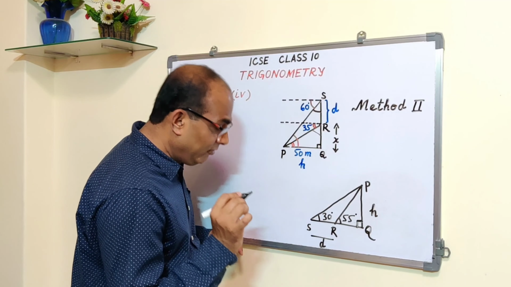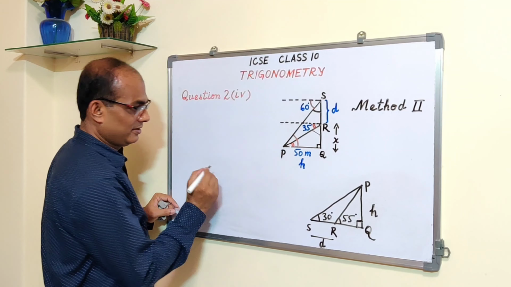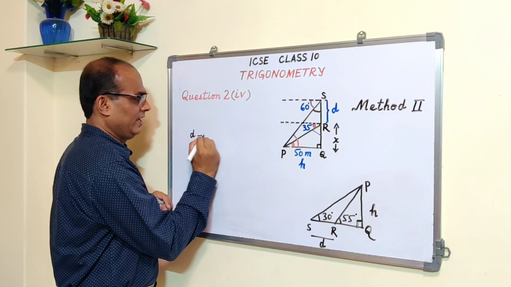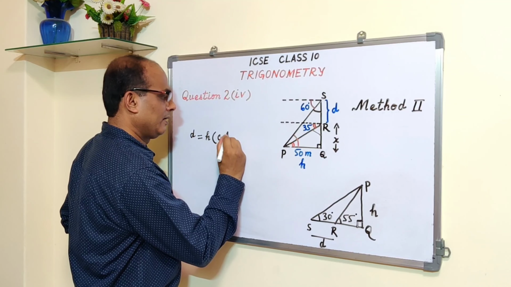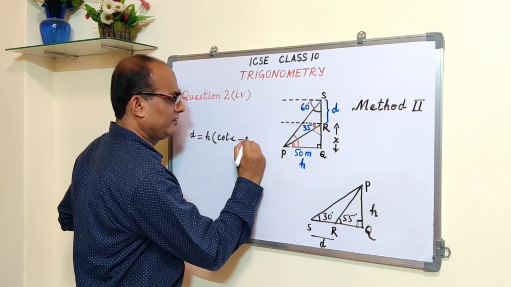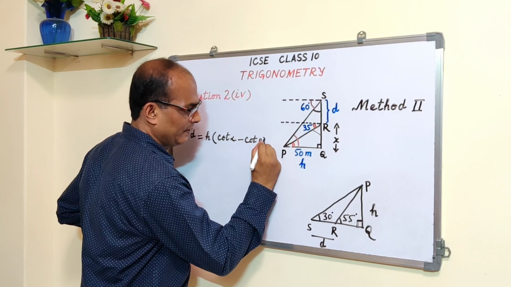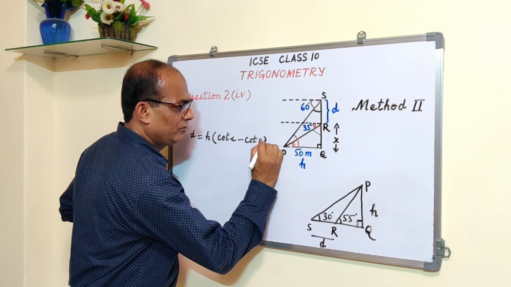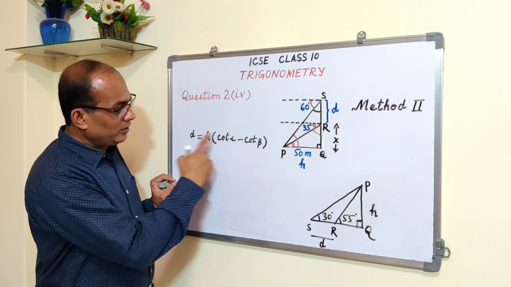Alright. If this is the situation, then we write down directly the value of D using this formula. D is equal to H in bracket cot alpha minus cot beta. This is the formula. Using this formula directly we can find out D, which we want. D means SR. All these values are known.